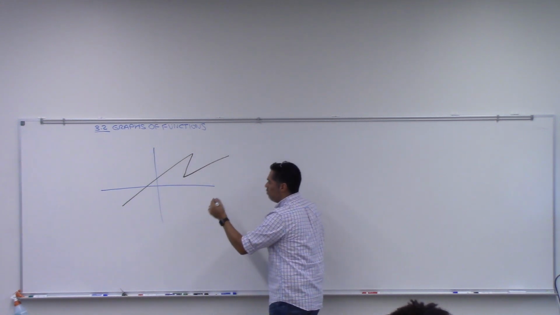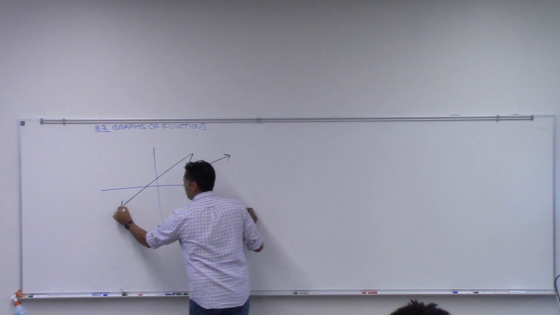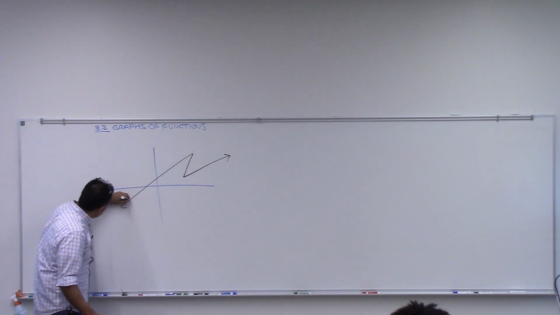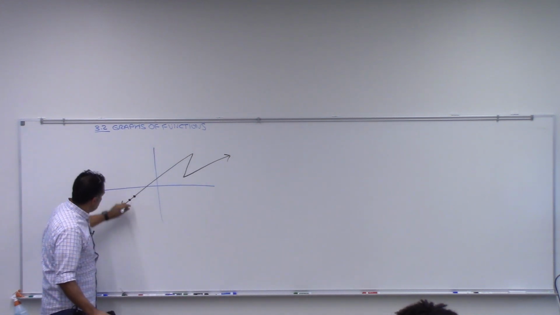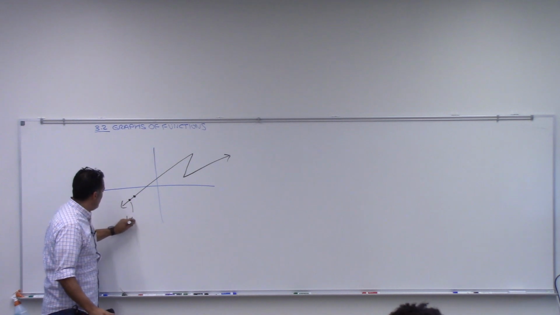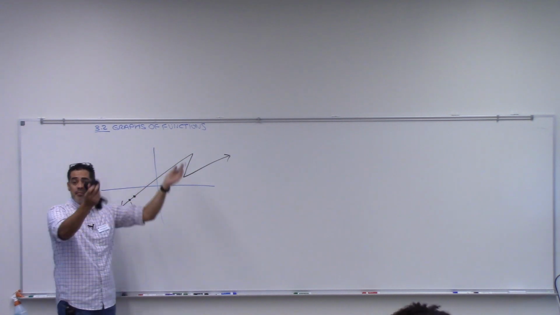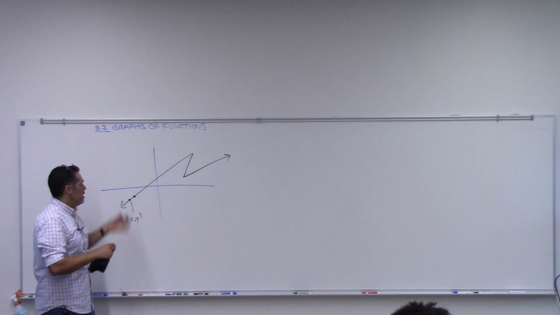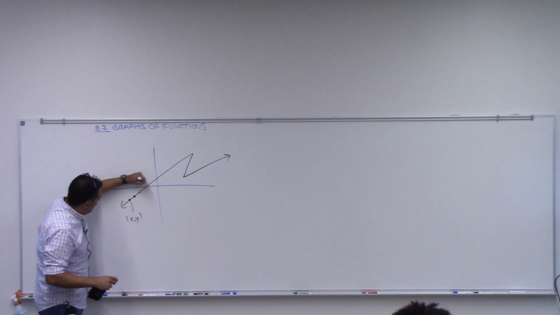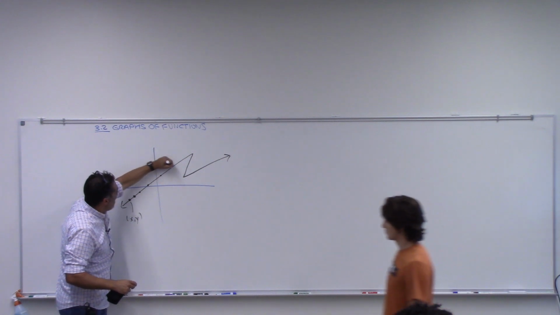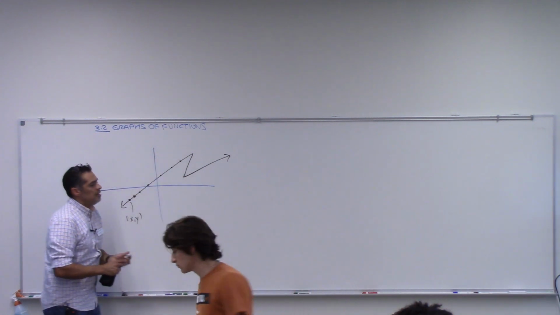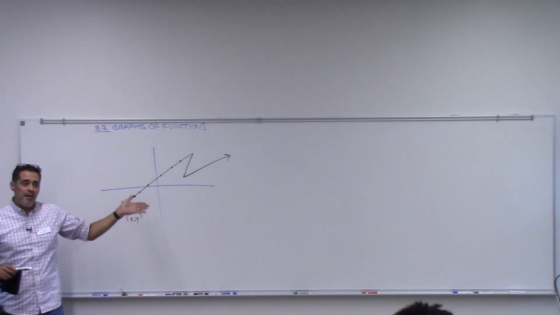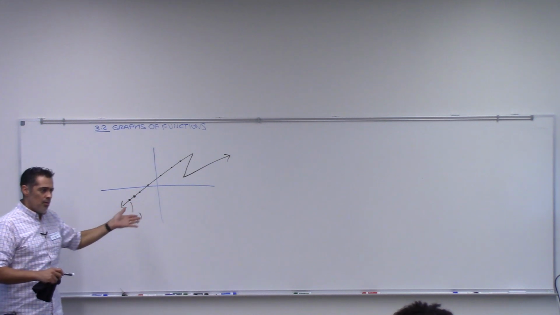Now, what you see here on the board is basically a bunch of points. Each one of these points, x and y, satisfies some relationship that I haven't even given you, all right? But if you put all those points together, here's what the graph of that looks like. My question is, is this a function or not? No. Why?